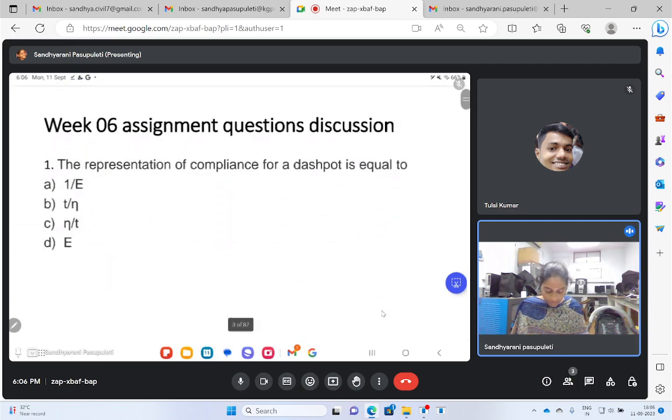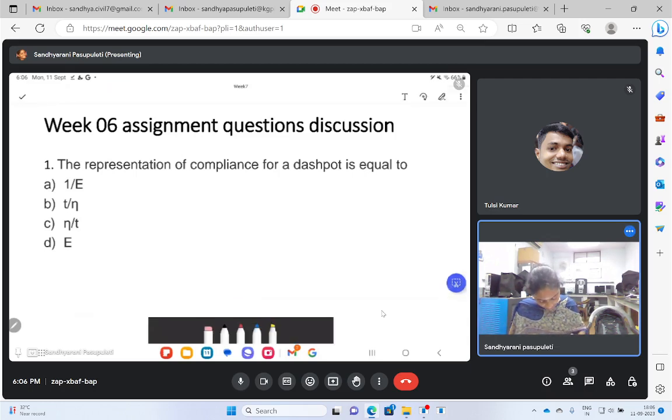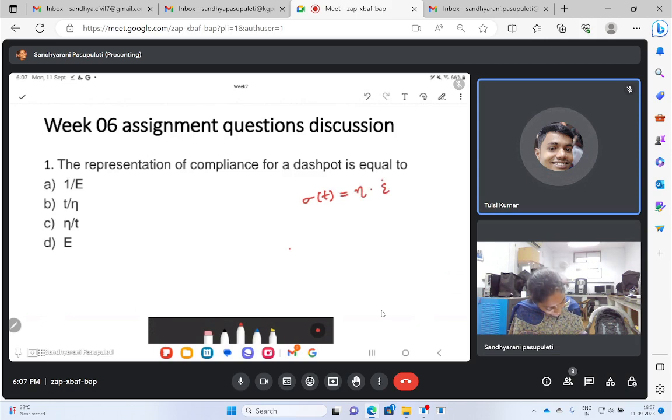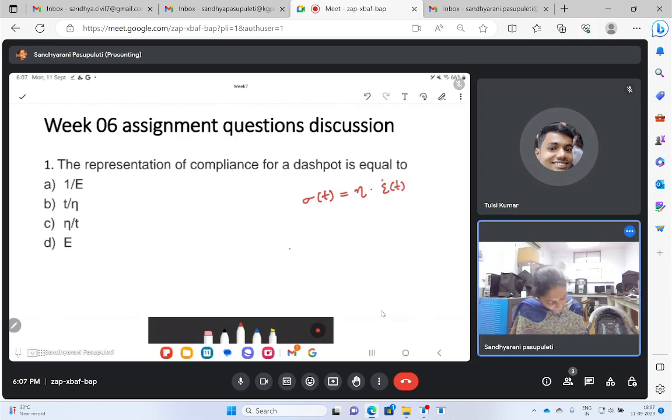If we see the first question in the week 6 assignment questions, the representation of compliance for a dashpot is equal to. So, we know that for a dashpot, stress at any time equals viscosity into strain rate.